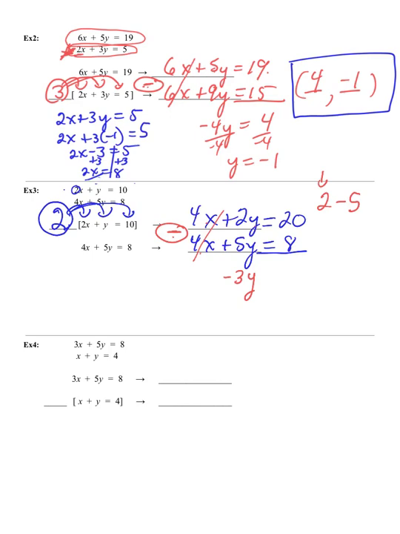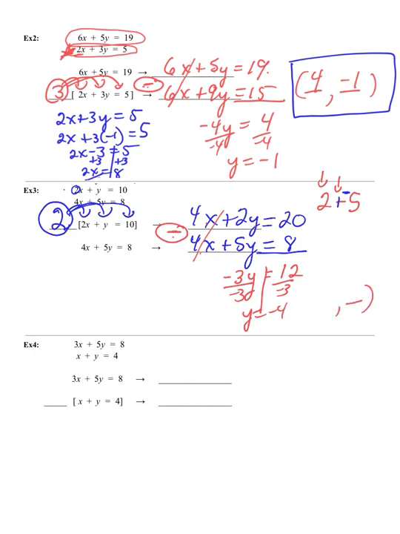You keep, change this to addition, and then the opposite of a positive 5 is a negative 5, and that would give you a negative 3. Okay. So then I would have negative 3y equals 12. I have a one-step equation, and divide by 3. And y is equal to negative 4.